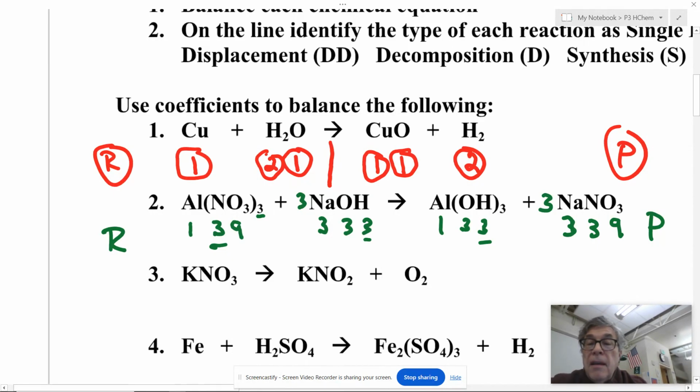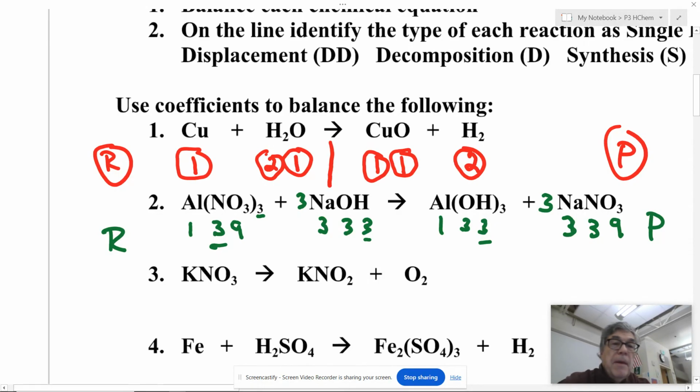So I'm not going to worry about the hydrogen right now. I'm just going to see how it comes out in the end. Let's see. The aluminum is balanced. The nitrogen, we have 3 and 3.